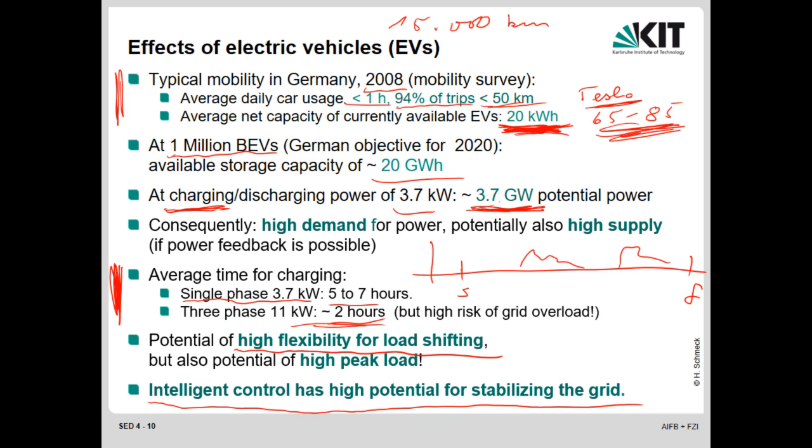So the user should say, okay, that's the starting time where I park the car and I need it 5 hours later or 2 hours later or whatever. And I only want to have the battery recharged completely immediately before I'm leaving. Because that is something which has to be looked at.